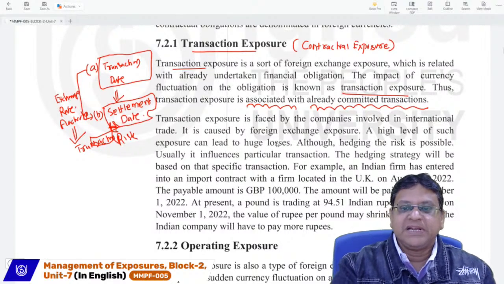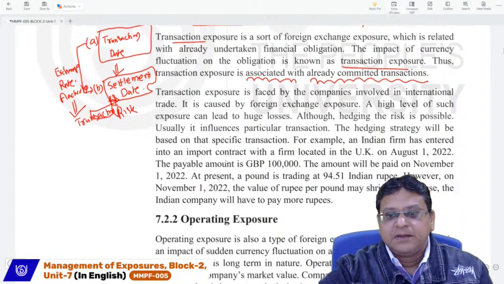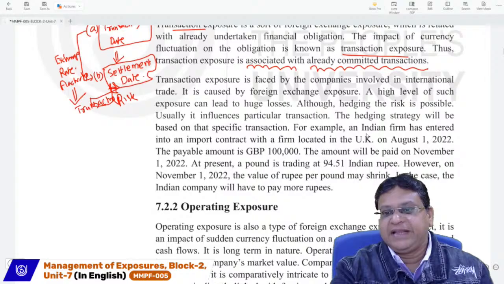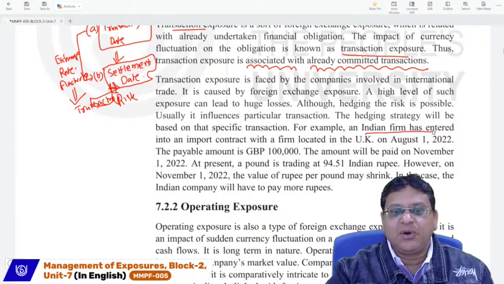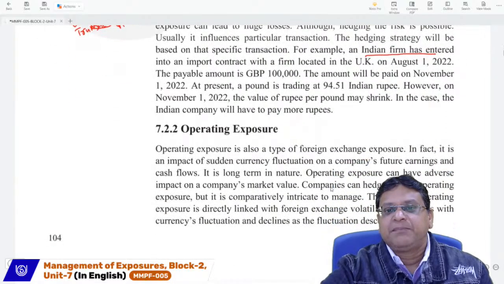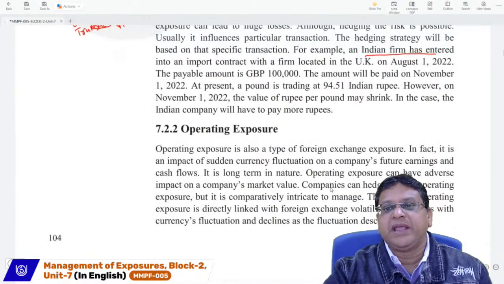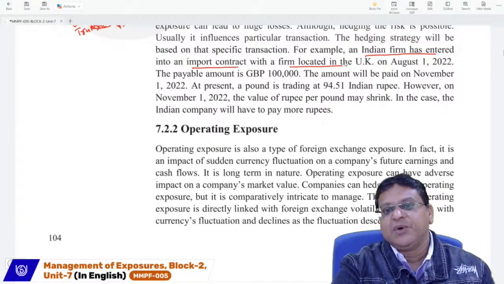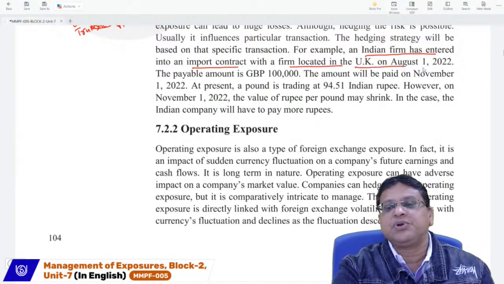Okay, let's take an example. Suppose an Indian firm has entered into an import contract with a firm located in the UK on August 1, 2022. There is an Indian importer that has made an agreement with a UK based exporter.